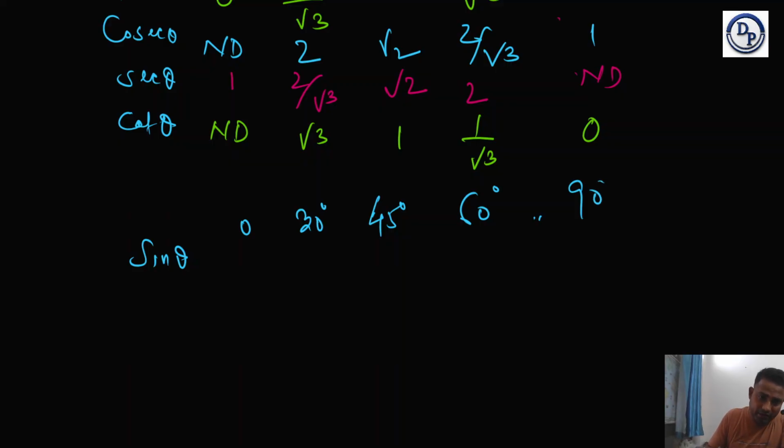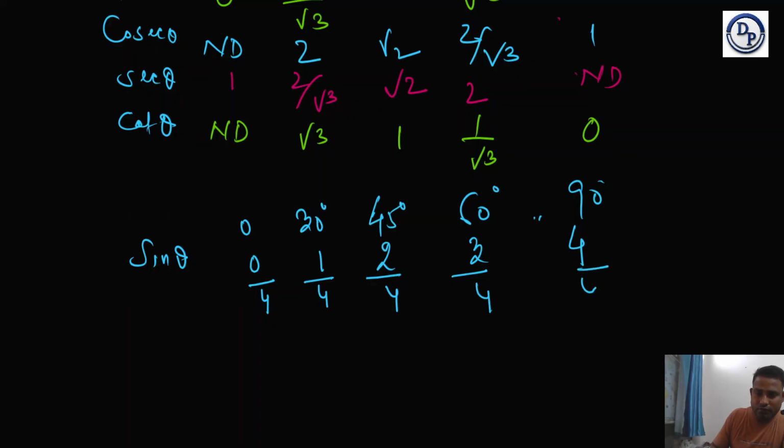Then write 0, 1, 2, 3, and 4 below. Divide all of these by 4.